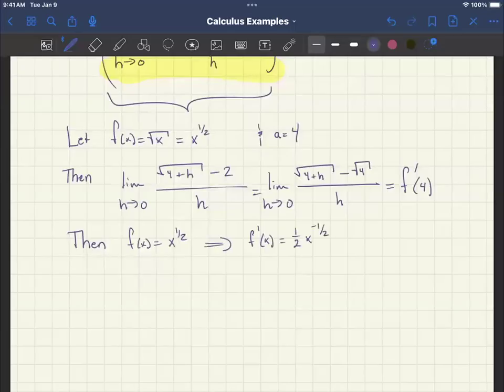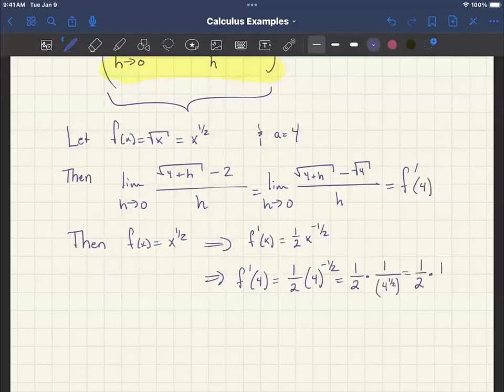So 1/2 x to the negative 1/2, which implies when we plug in the number 4, because we are looking for the derivative at 4, we have 1/2 times 4 to the negative 1/2. I'm going to rewrite this just a little bit because remember when we have a negative in the exponent, that means we're actually popping that into the denominator. I'm going to rewrite it once more.